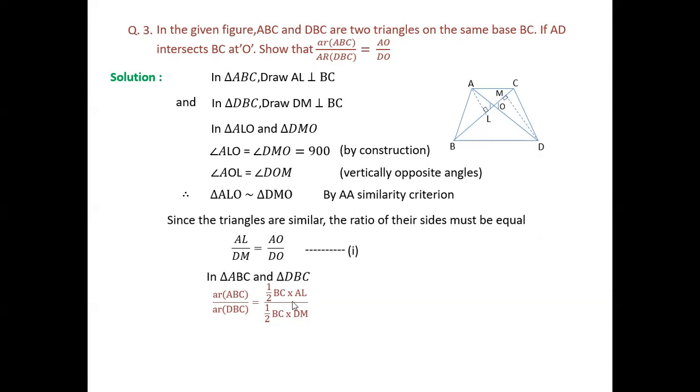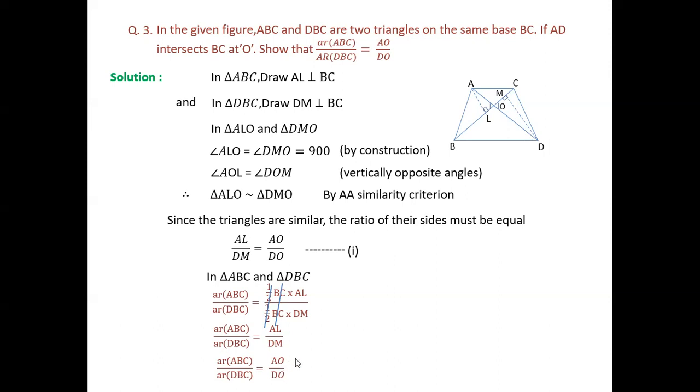So half BC gets cancelled, you'll be left with only AL upon DM. And AL upon DM is also equal to AO upon DO. That means area of triangle ABC upon area of triangle DBC is equal to AO upon DO.